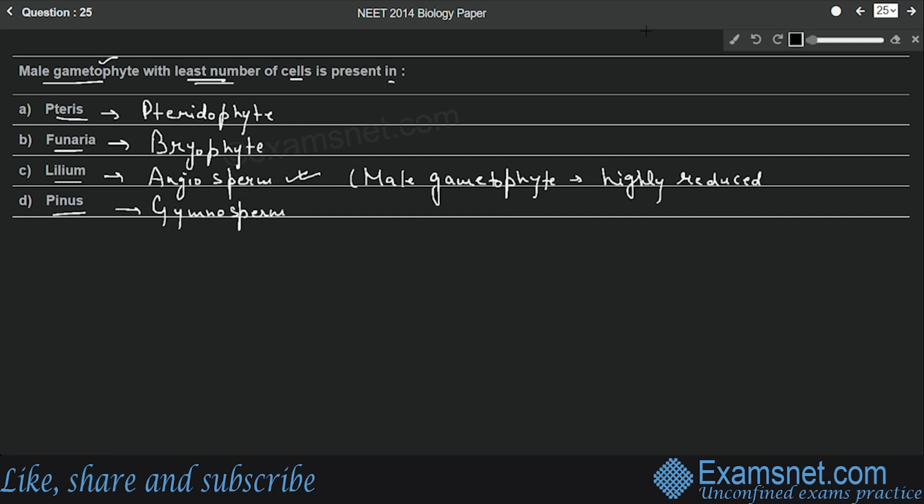In the angiosperm, it is known as pollen grain. And this male gametophyte, that is pollen grain, is usually 2 or 3 celled, which is minimum out of all types of plants. Okay, so option C, Lilium, will be the correct answer.